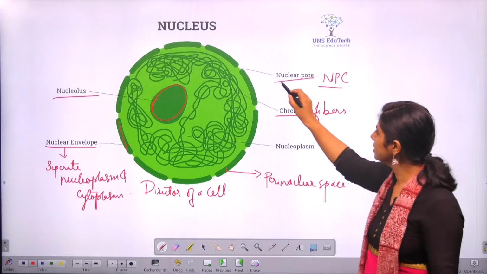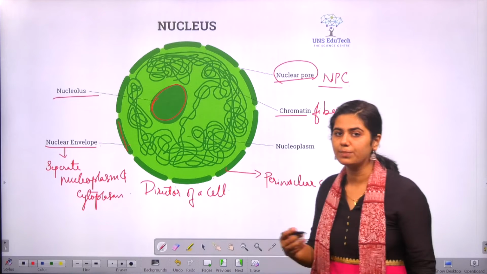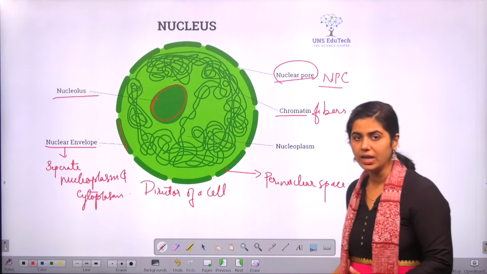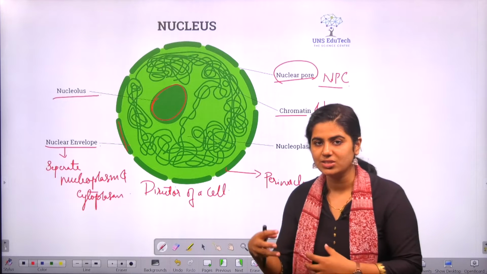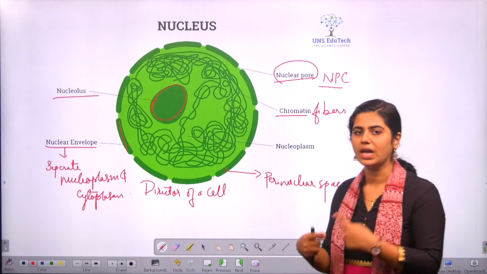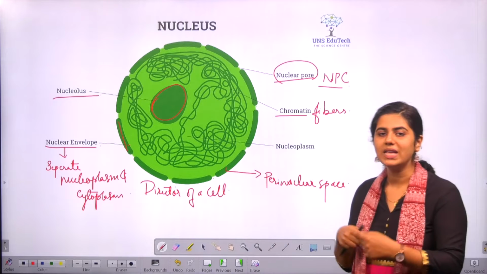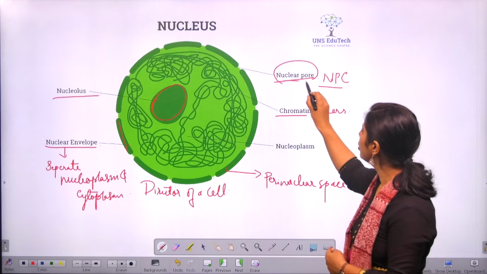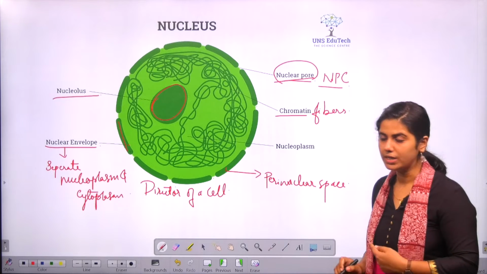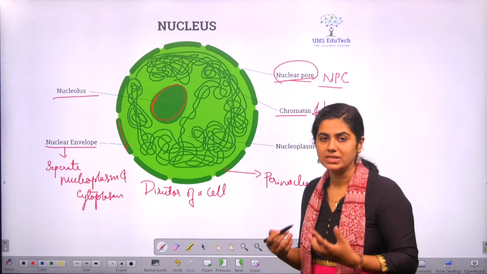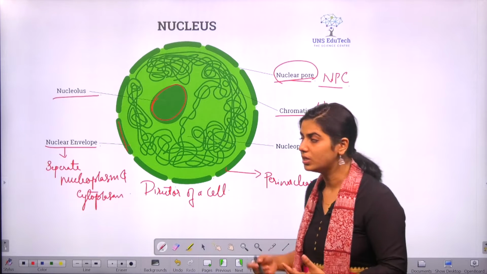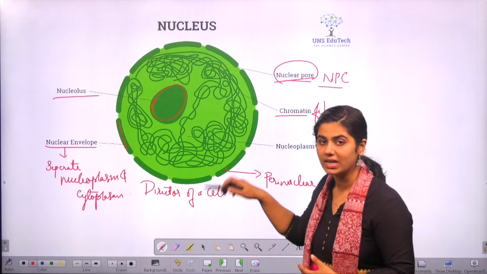So what is this nuclear pore complex for? Actually, there should be an exchange of materials from the cytoplasm to the nucleus and from the nucleus to the cytoplasm. This exchange takes place through the nuclear pore. First, transcription takes place inside the nucleus.